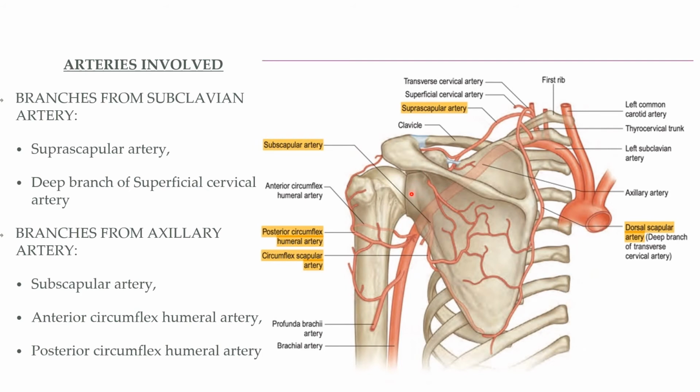Now, these two branches, this is anterior circumflex because you are viewing from the posterior side. So this is posterior circumflex humeral artery and this is anterior circumflex humeral artery. Both of them anastomose around the surgical neck of the humerus. The posterior circumflex humeral artery gives an ascending branch which reaches the acromial process. Around the acromial process, this ascending branch of posterior circumflex artery anastomoses with the branch of the axillary artery.